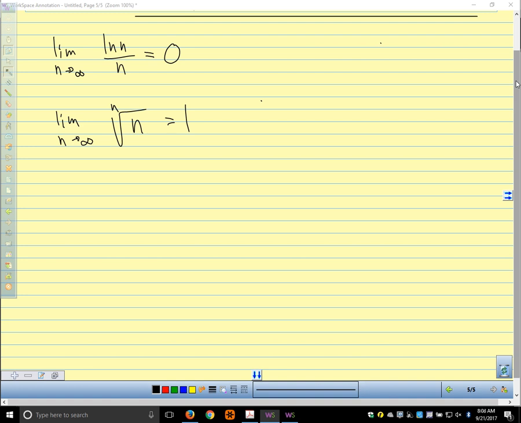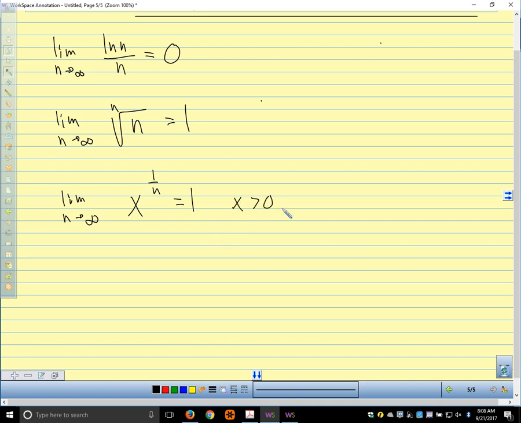The thousandth root of 1,000 is pretty close to 1. The root turns it into a fraction, n to the 1 over n. It's an infinity to the 0 form, so you use L'Hôpital's rule. I don't remember what it's called.